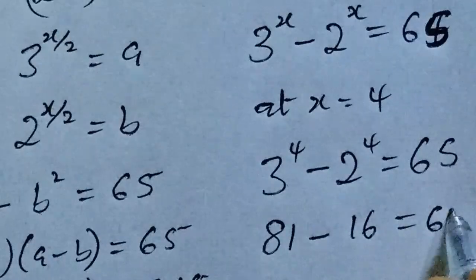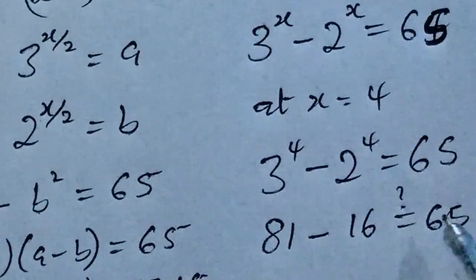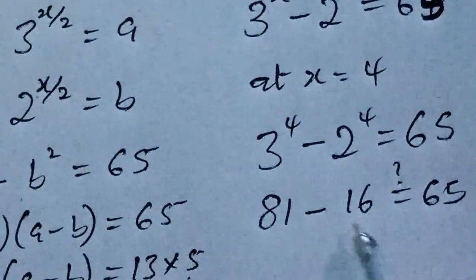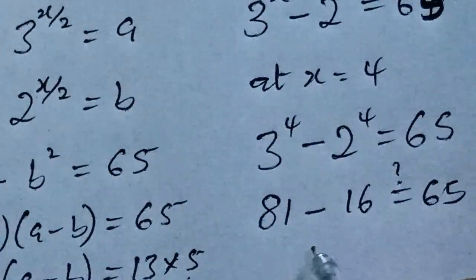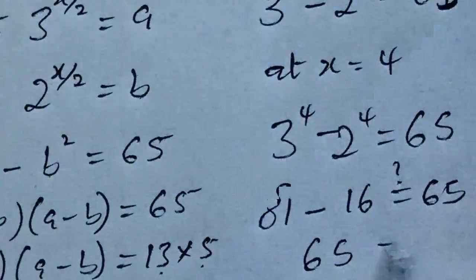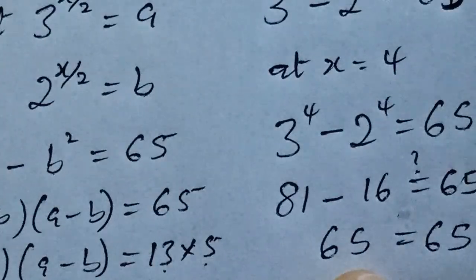Equal to 65? If we subtract 16 from 81, we have 65, which is equal to 65.